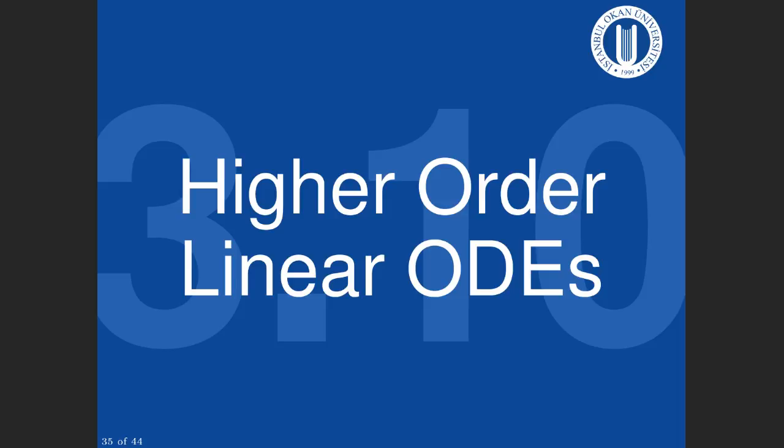For the rest of today's class, we're going to be extending the ideas that we've developed over the last 2.5 lessons to higher order equations instead of just second order equations.